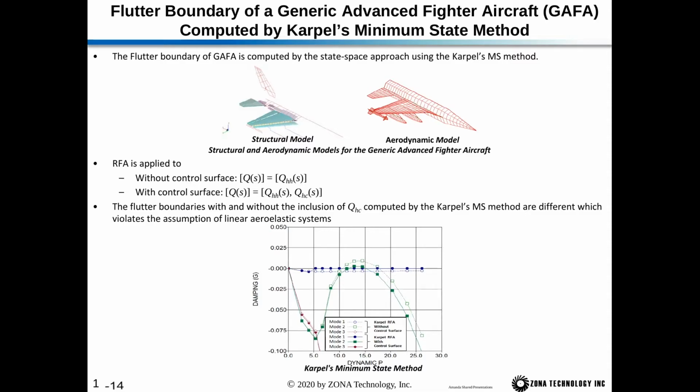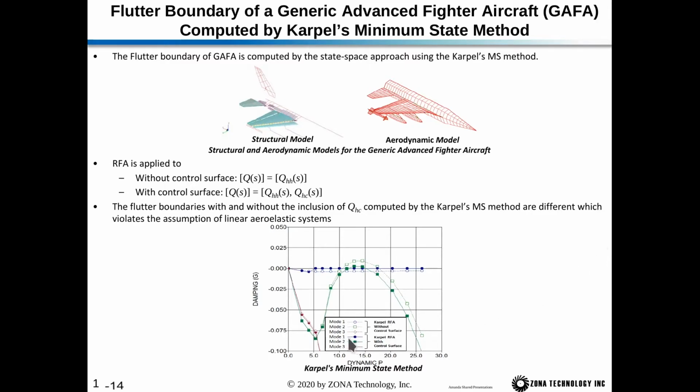Now the RFA is applied without control surfaces first, so Q of S is just equal to QHH of S, and then secondly we do it with control surfaces, so Q of S is a combination of QHH and QHC. The flutter boundary with and without the inclusion of QHC computed by Karpel's minimum state method are different, which violates the assumption of linear aeroelastic systems.